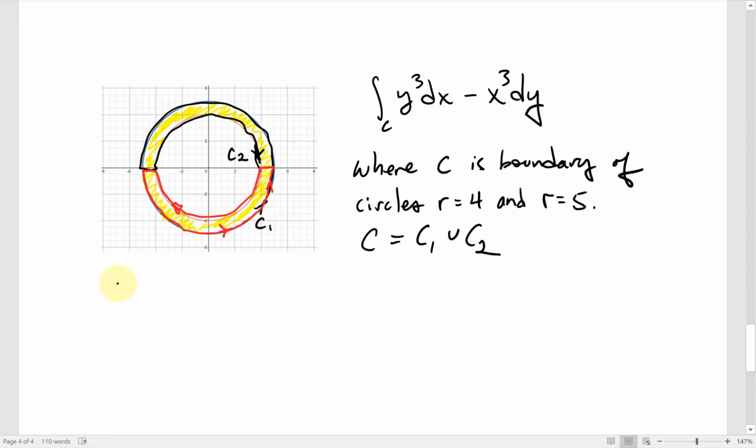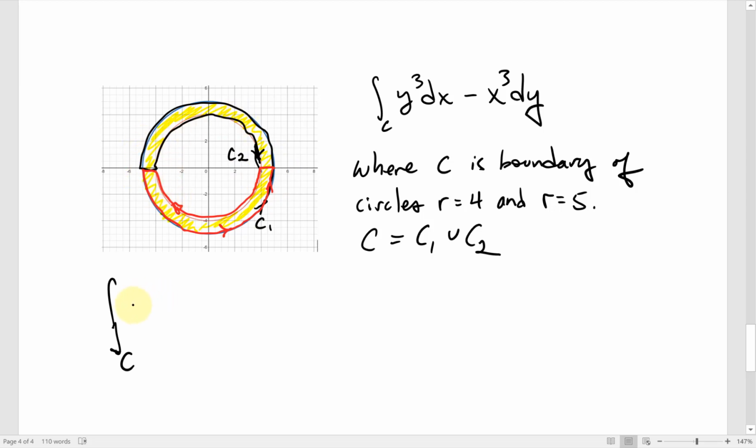If we want to do this on the entire curve C that's made up of C1 and C2 and these little bridges in between, they just cancel out because each of them is traversed in opposite directions. The red curve going this way, the black curve going that way, here the red curve going this way, the black curve going that way.